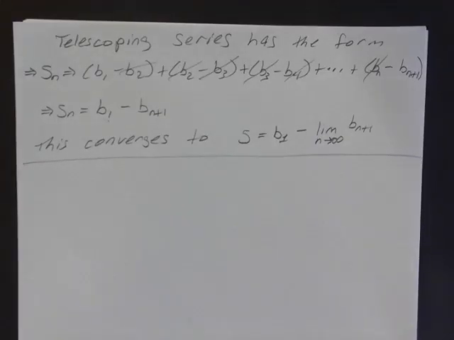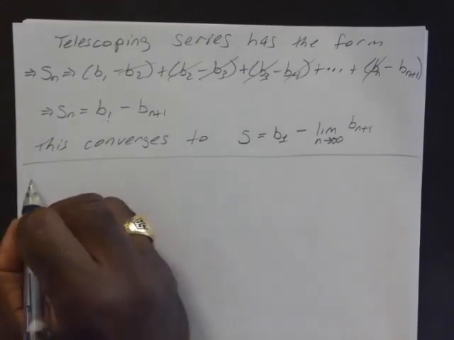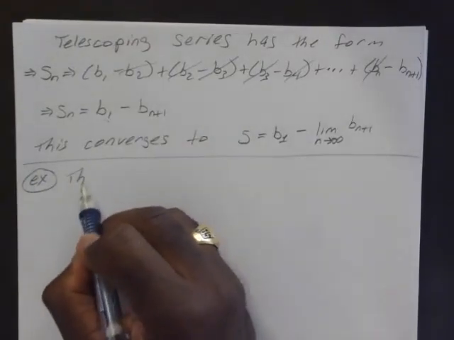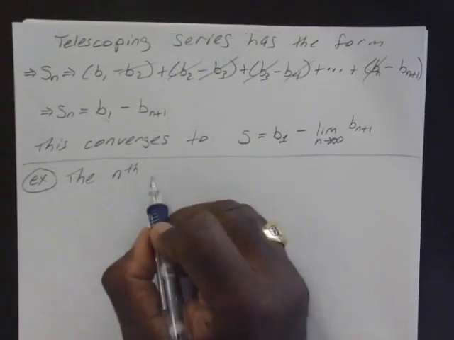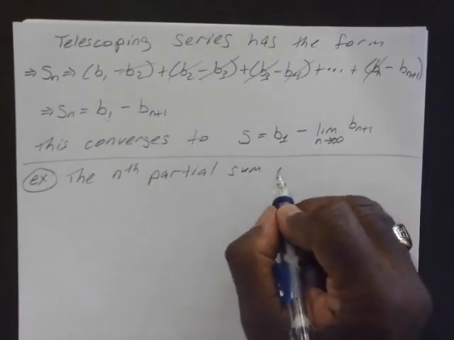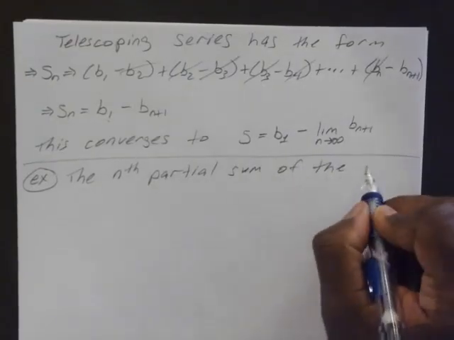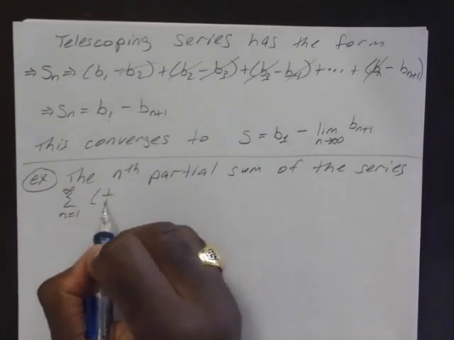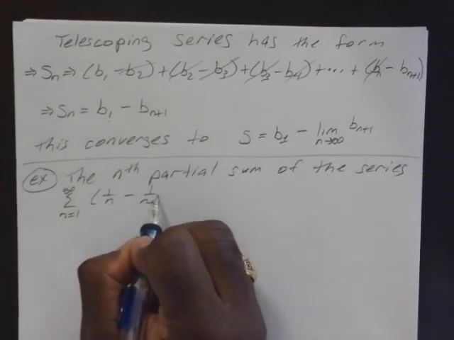Okay, so whenever you plug in your n's and you see the middle terms all canceling each other out, you know it's a telescoping series. So let's say, for example, we know that the nth partial sum of the series, the sum from n equals 1 to infinity of 1 over n minus 1 over n plus 1.